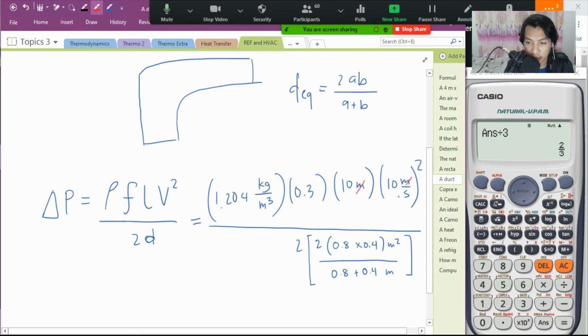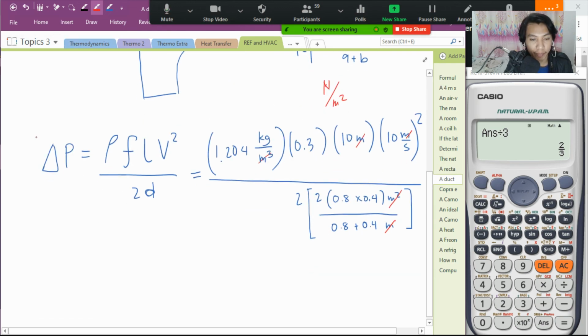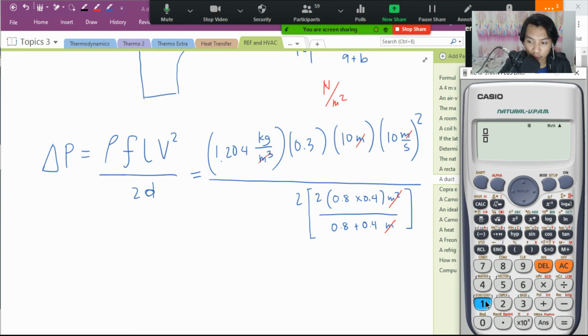Meter squared, tapos meter. Ano tira, meter? Isa dito. Kilogram meter per second squared. Ano yun? Newton, di ba? Per meter squared na natira dito. O, di Pascal.